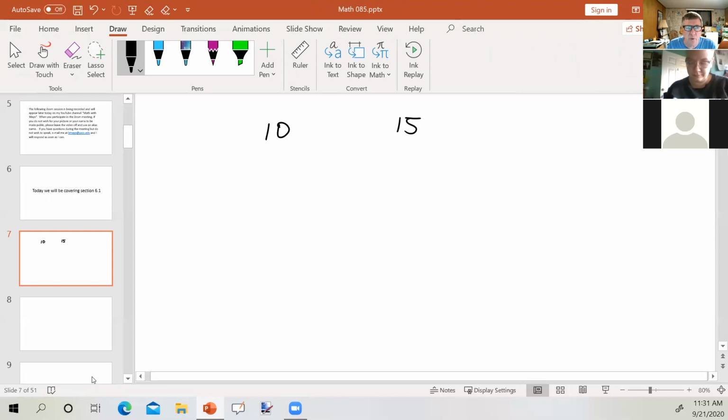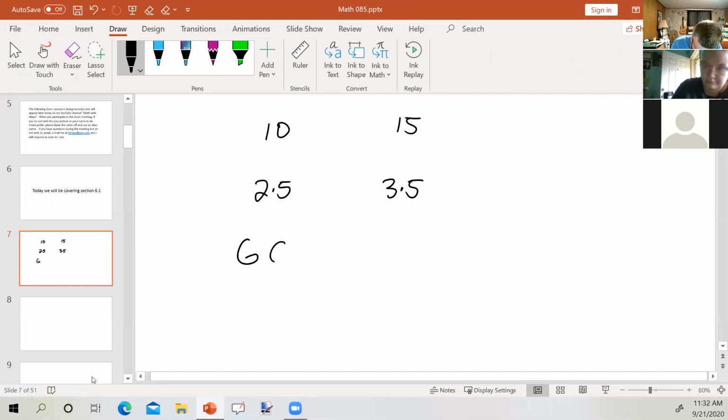So we're looking for the greatest common factor. Now, the numbers are small. Hopefully it's easy enough. You can look at it and figure it out, but I want to talk about the process. If we take each of these numbers and break them down into prime factors, 10 would be 2 times 5, and 15 would be 3 times 5.